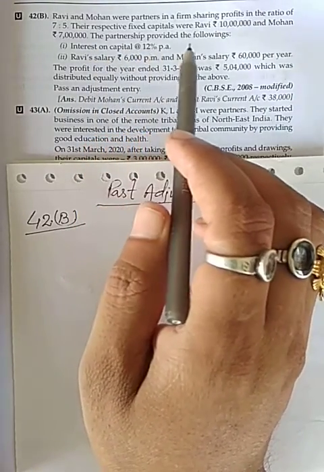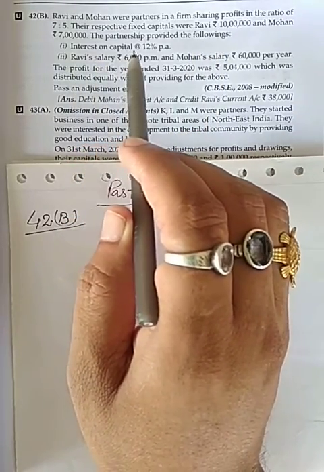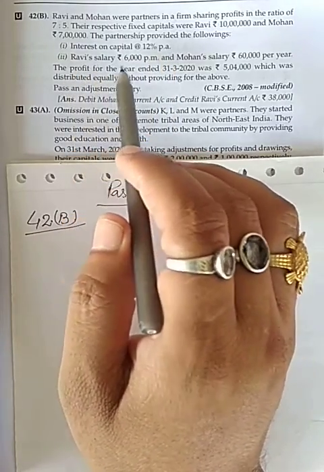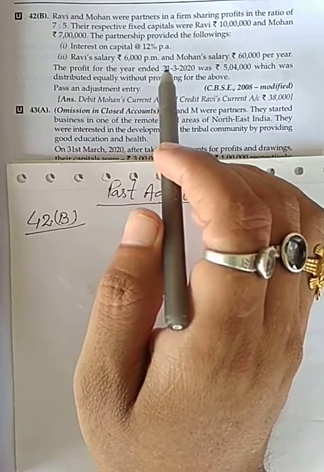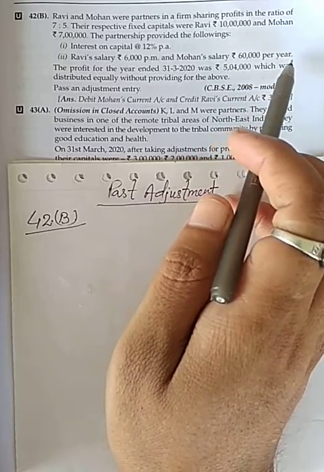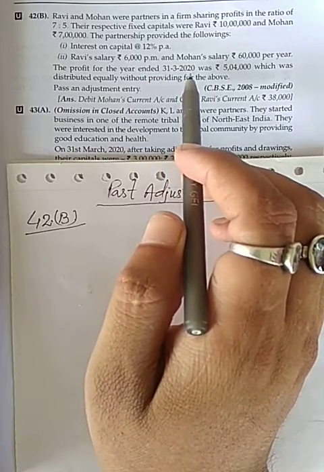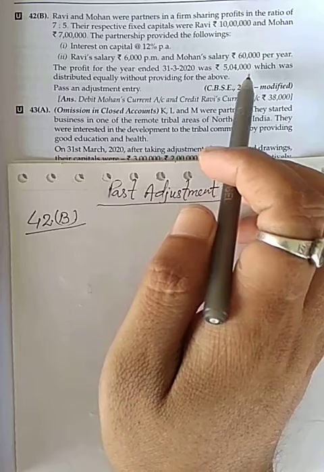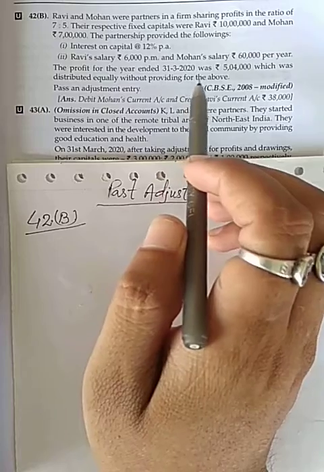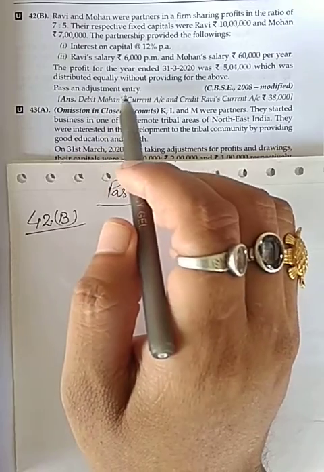The partnership deed provided the following: first, interest on capital at the rate of 12% per annum; second, Ravi's salary rupees 6,000 per month and Mohan's salary rupees 60,000 per year. The profit for the year ended 31st March 2020 was 5,04,000, which was distributed equally without providing for the above. So, pass an adjustment entry.